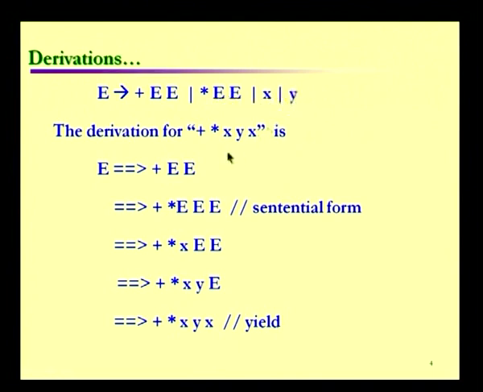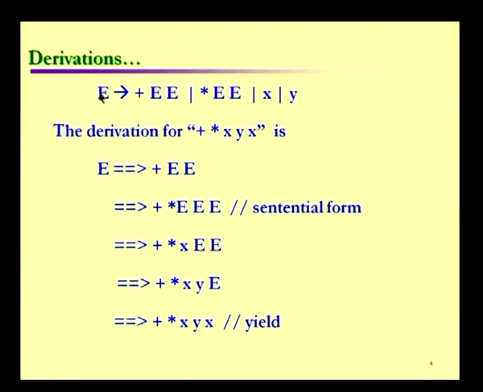Now we have a prefix expression, plus star x y x. Its equivalent infix expression is x multiplied by y plus x. We need not bother about the infix equivalent, but here we are trying to find out how this string is derived from the grammar.